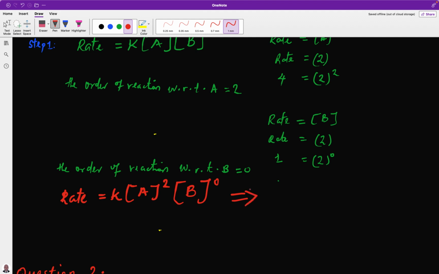Our final rate equation will be: rate is equal to K[A]², that will be the answer.